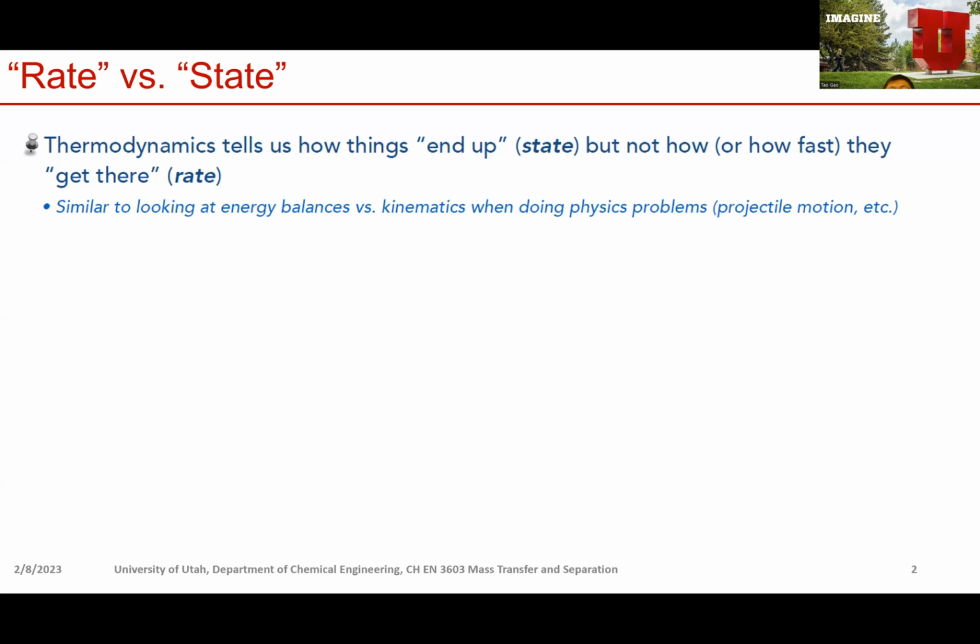Kinematics will tell you that. So in chemical engineering, thermodynamics similarly will tell you where your system will end up at equilibrium, but doesn't tell you how fast your system will move from state A to state B, right?